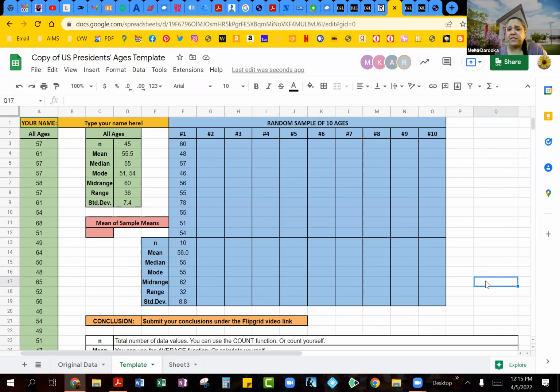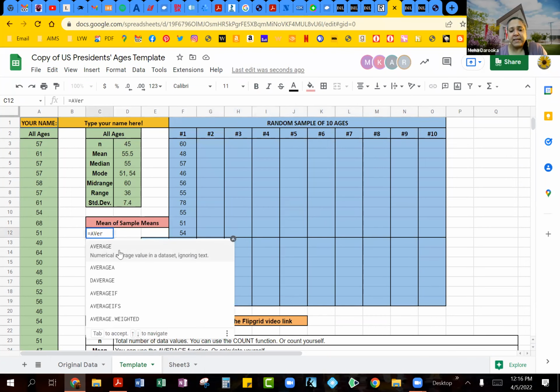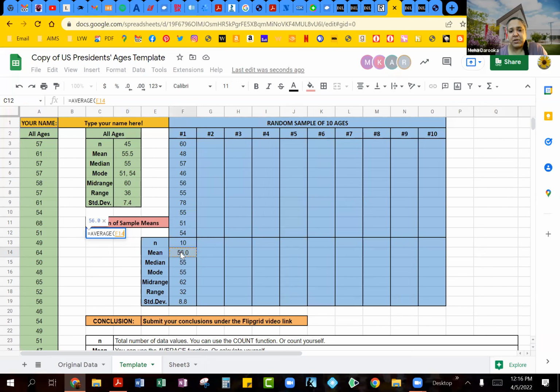Once you get all of these samples and calculations done, the other thing you would be doing is calculating the mean of your sample means, which means you will actually be calculating the mean of all of these means that you calculate over here. So, again, you can use the built-in average function, and this time just select all of these means from here.